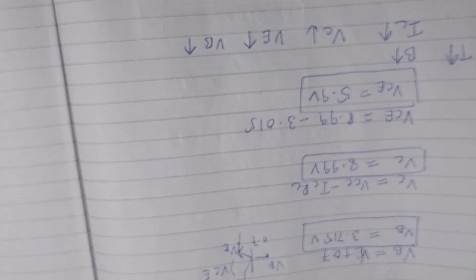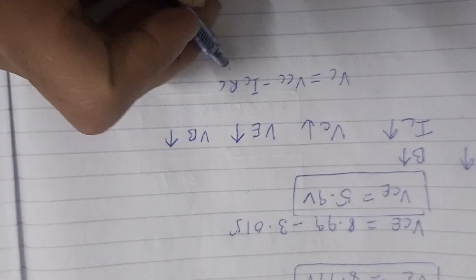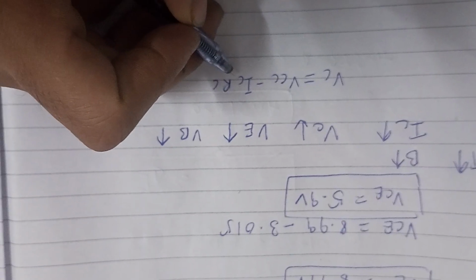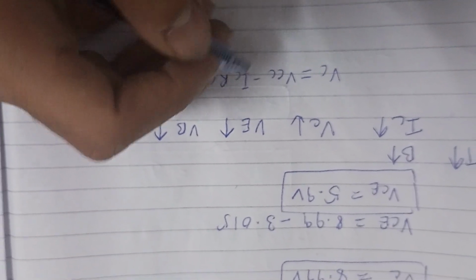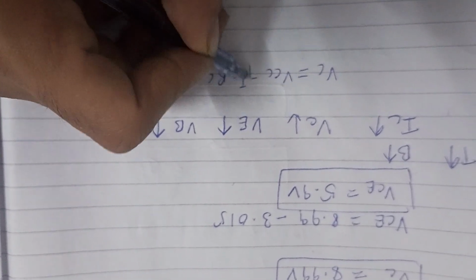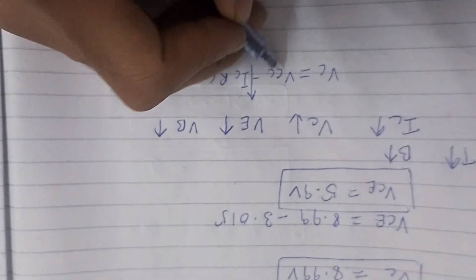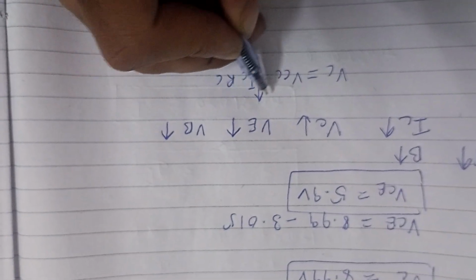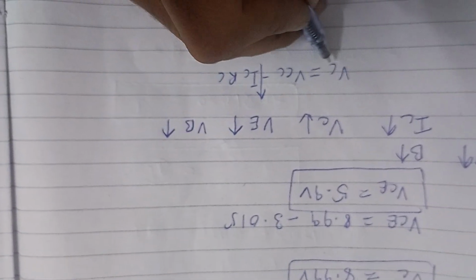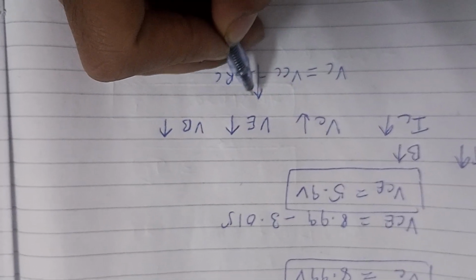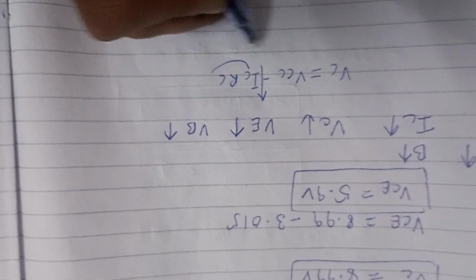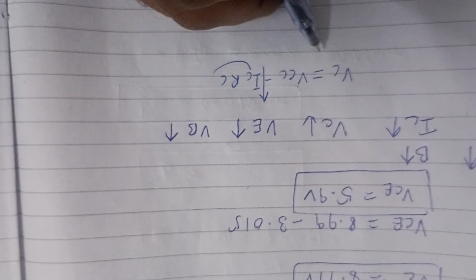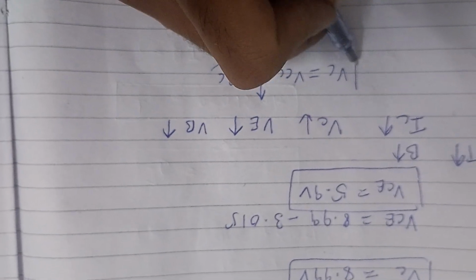Why does this happen? If you look at the equation we just worked out, it is a negative term, so if you increase the collector current, this term will increase and cause the collector voltage to drop.